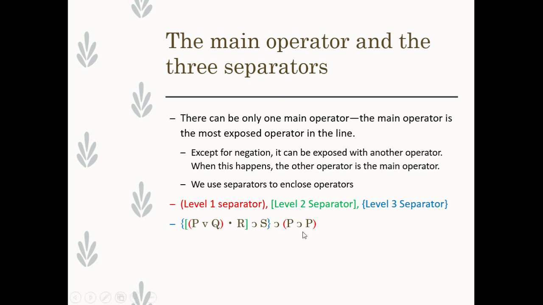Let's look at some more examples of how this might work. So here I have P wedge Q wedge R wedge S wedge T wedge U. All of these need to be enclosed until we have just one main operator. Let's say there's no rhyme or reason for making one of these the main operator right now. Later on, the context of the sentences we read will tell us what's going to be the main operator, but for now, I'm just going to make up the main operator.